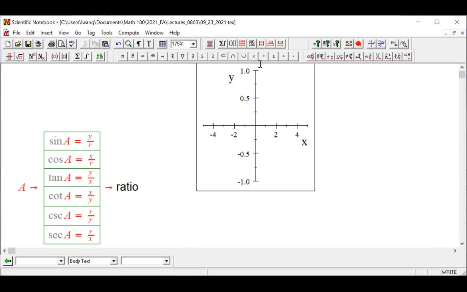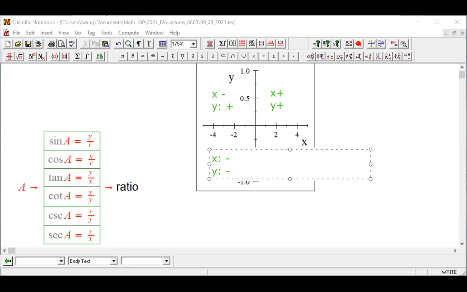If you look at these four quadrants, in the first quadrant, x is positive, right? Y is positive, right? Yes? Yeah. In the second quadrant, x is negative. Y is what? Positive, right? In this quadrant, x is negative, y is negative, right?